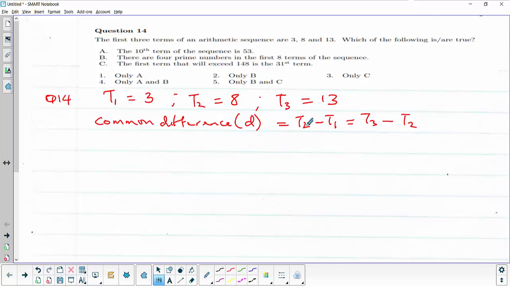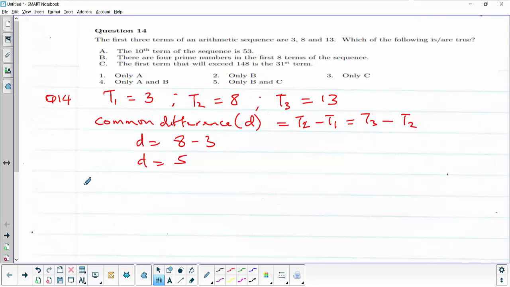That is how to identify an arithmetic sequence. Now, since we know that it is an arithmetic sequence, let us determine our common difference, which is D. So 8 minus 3, and D is going to give us 5. So our common difference is 5 now.